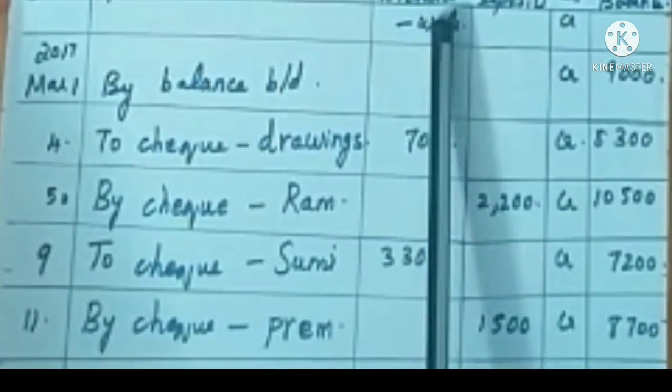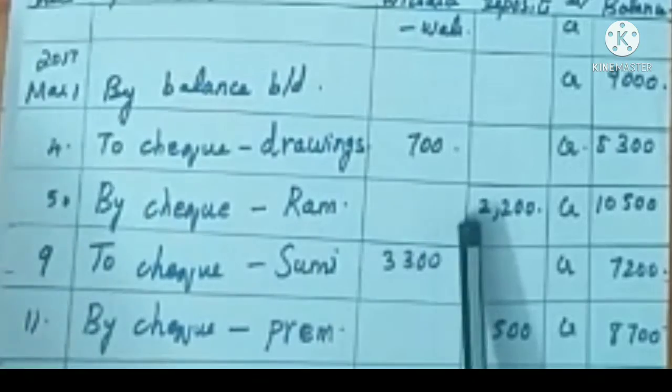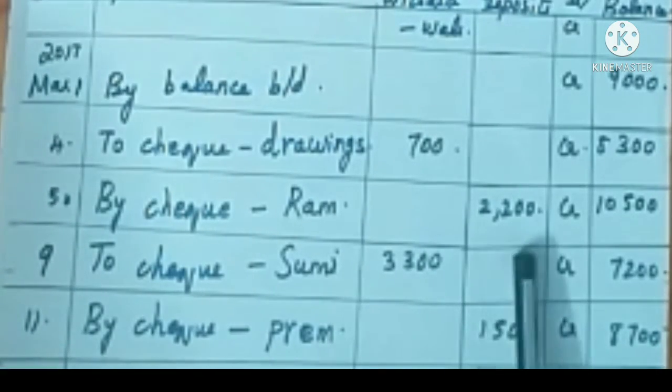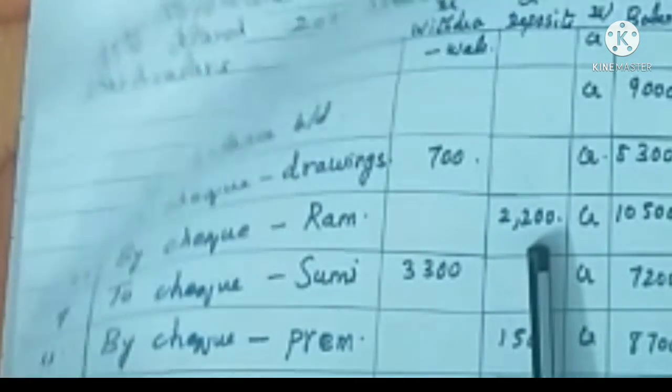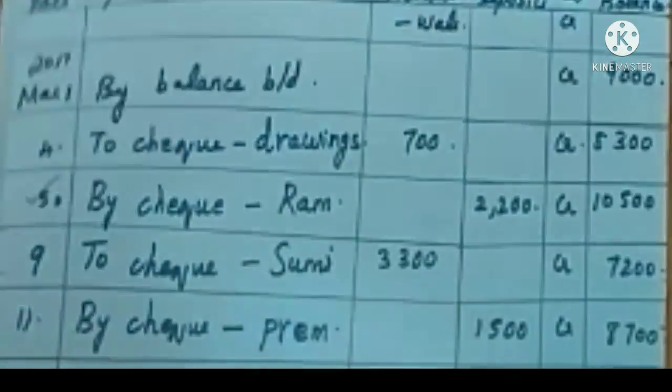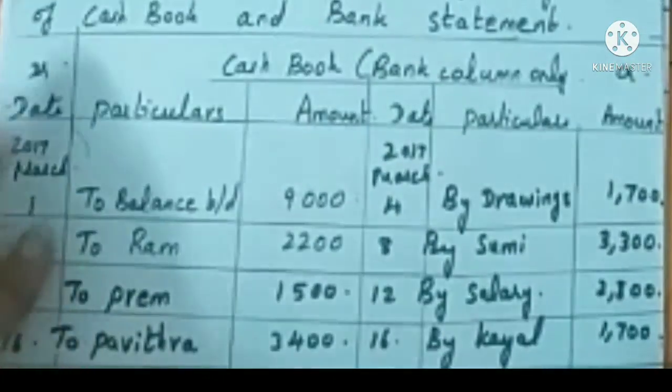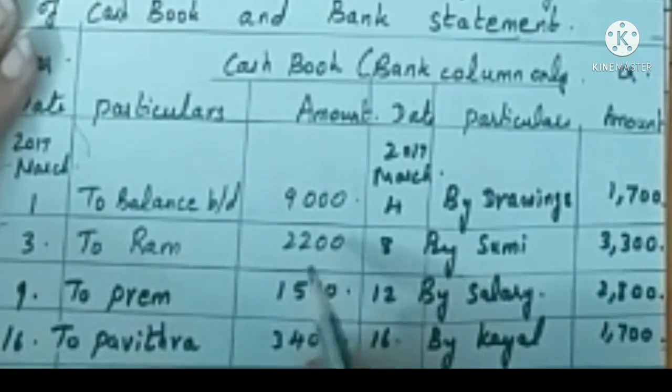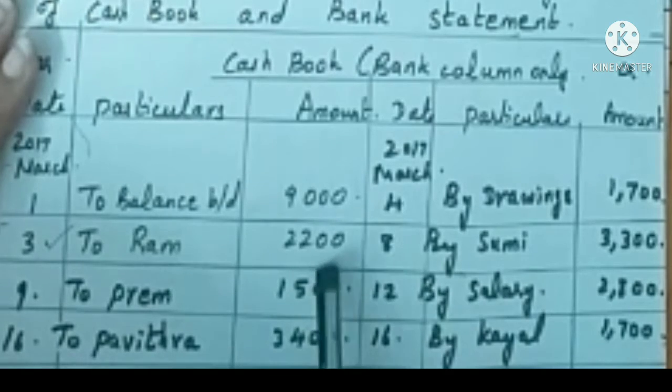So this is the bank statement. Ram is credited in the passbook, 2200, so let's give a tick mark to it. Here also Ram is debited in the cash book, so the entry has been made in the cash book as well as in the passbook.